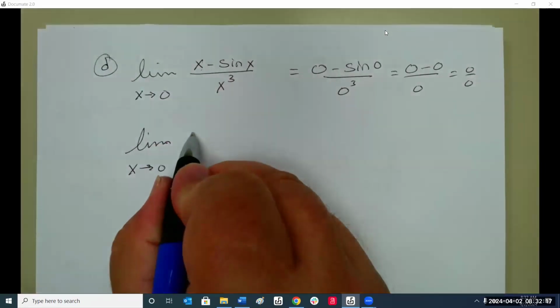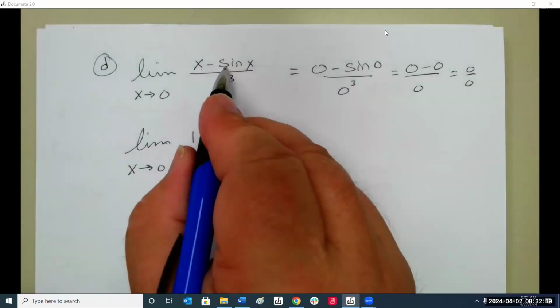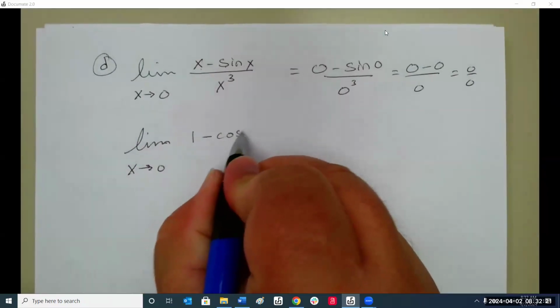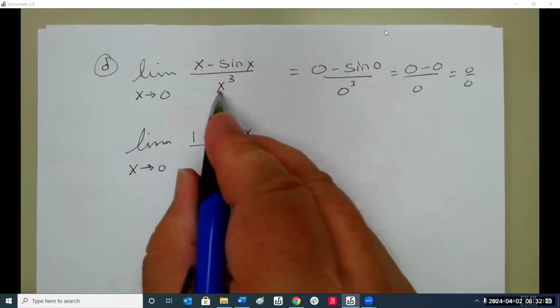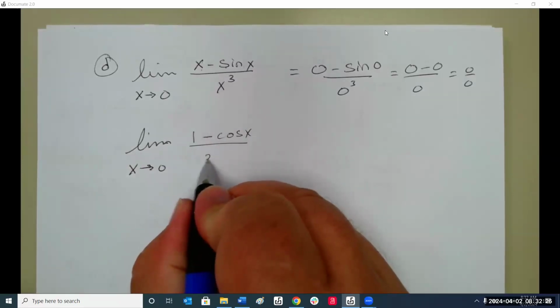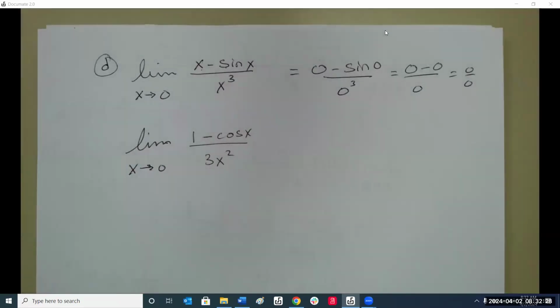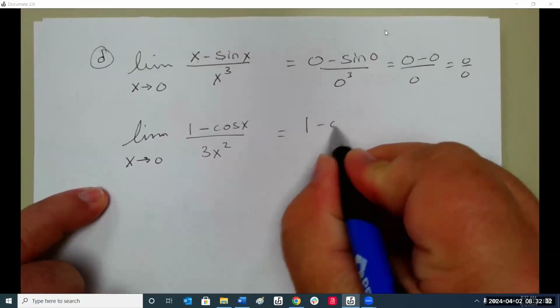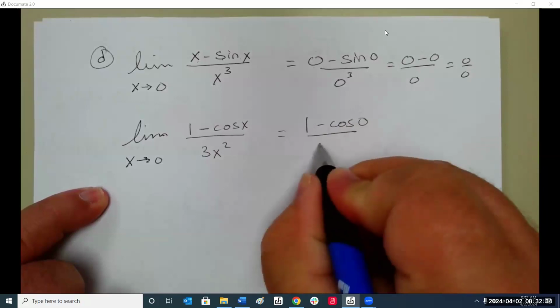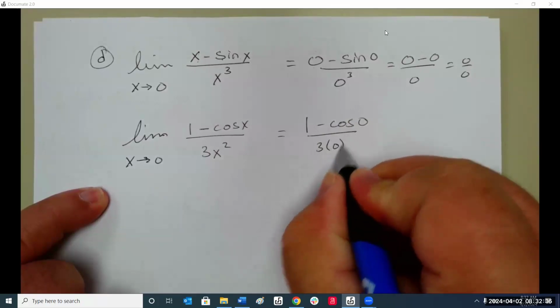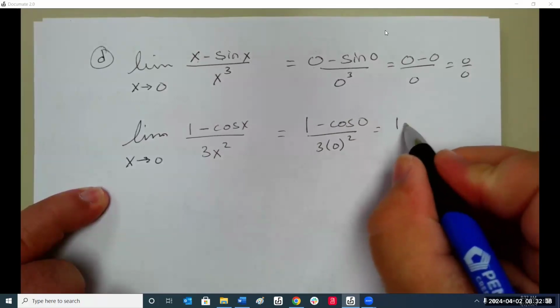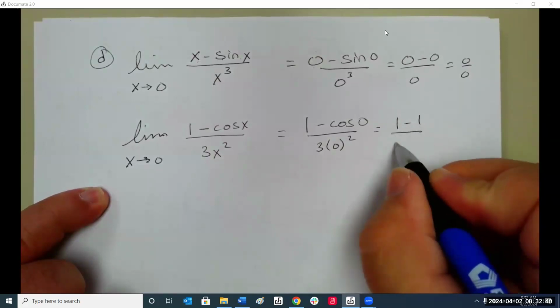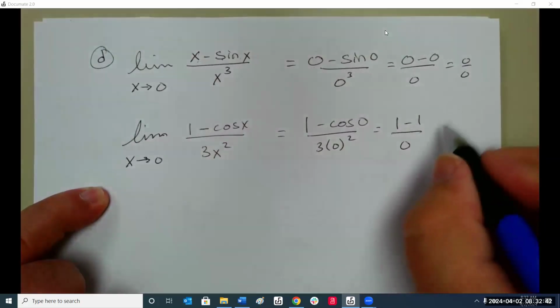The derivative of x is 1, the derivative of sine is cosine, and the derivative of x cubed is 3x squared. Plug 0 in there again. We get 1, since cosine of 0 is 1, over 3 times 0, which is 0.